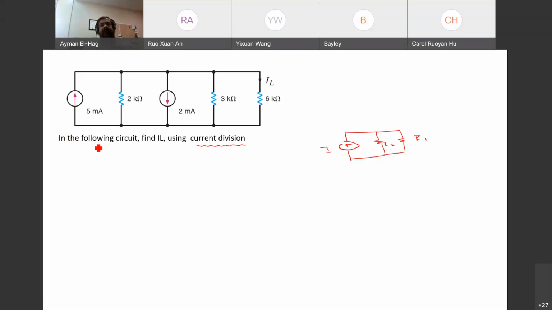When we have current sources in parallel, you add them with the sign, meaning 5 up, 2 down, then you will have here a total of 3 milliamps up. So you can add and subtract the current sources if they are in parallel. You can add and subtract voltage sources if they are in series. So here it becomes just one current source. Now we keep the resistance.